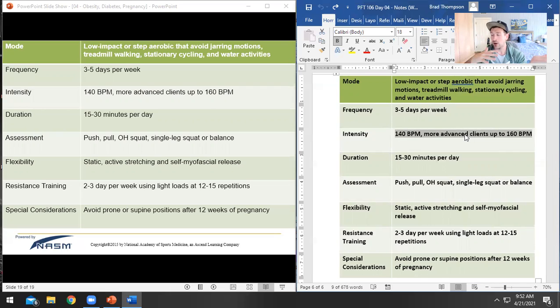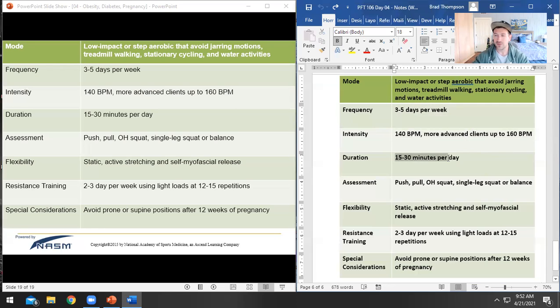And so 140 to 160 beats per minute corresponds pretty well with that entire range, with the higher range applying a little bit more to a younger client, and the lower range applying a little bit more to an older client. So that is a much easier way to manage things. Again, it gives you some flat numbers here.